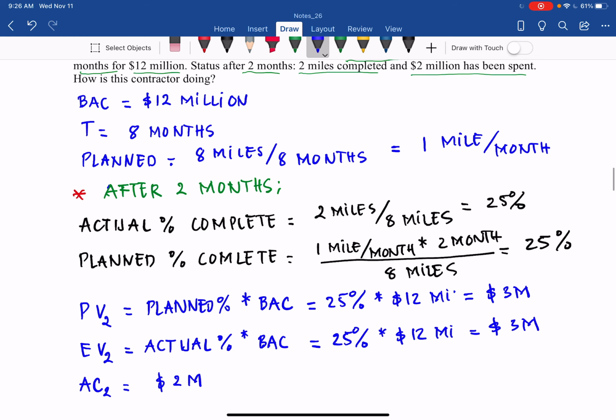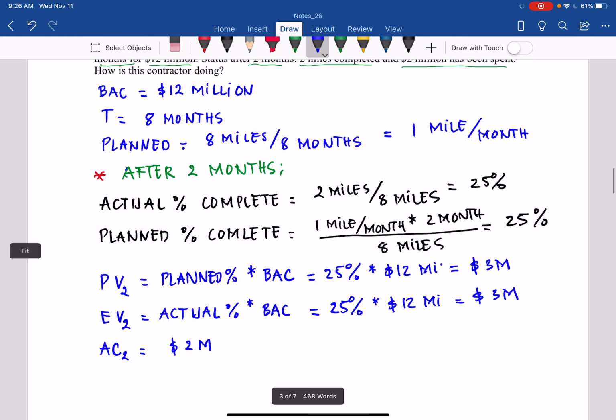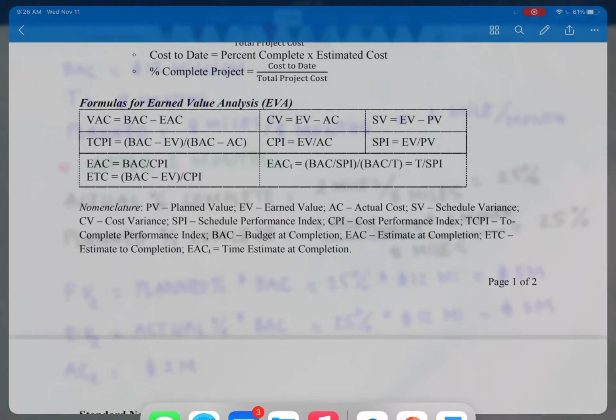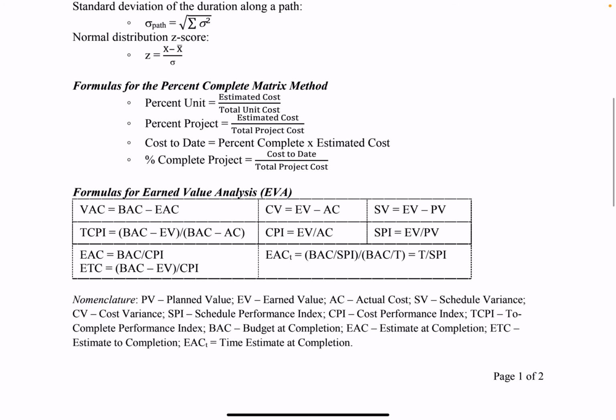So now let's answer the question: how is the contractor doing? We go to the exam reference, page number 1, exam 3 reference.